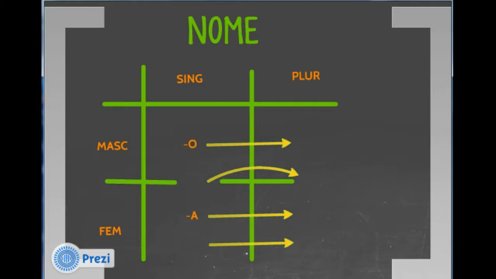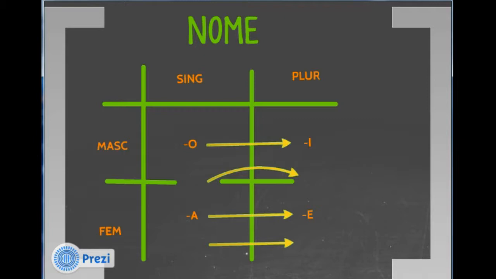In plural, I for masculine and E for feminine, like ragazzi, boys, and ragazze, girls. You can consider these four ending letters as the regular forms.